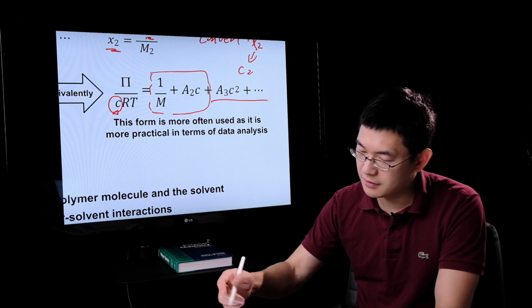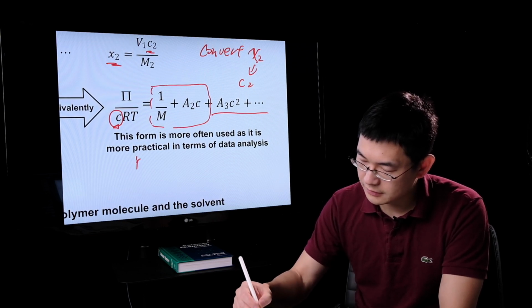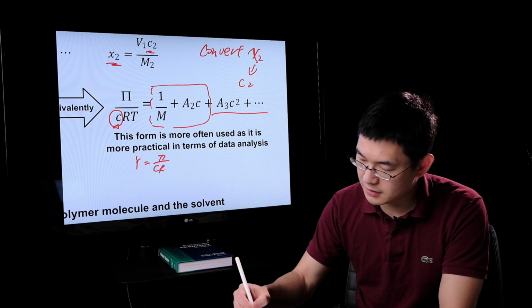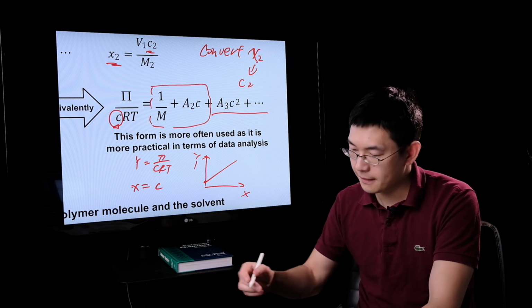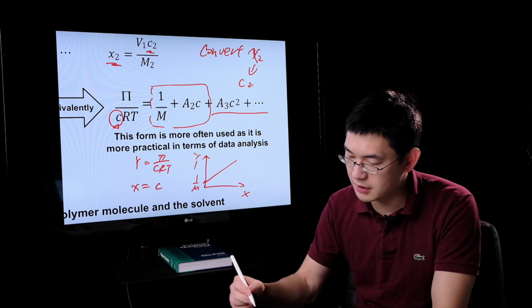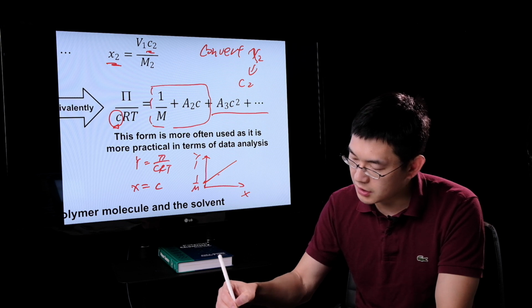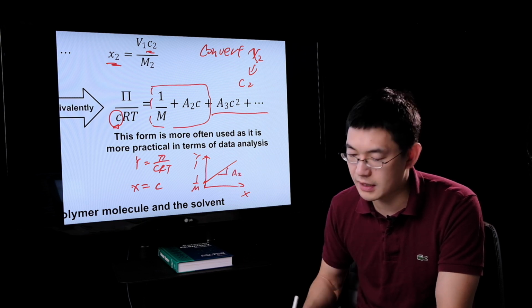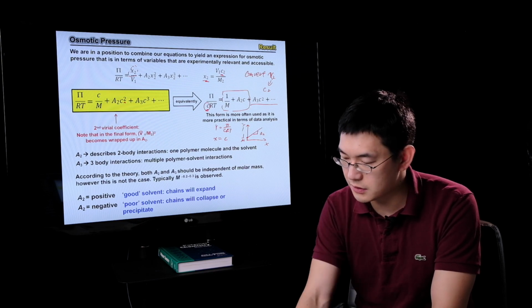So if you plot Y equals pi over CRT and X as the concentration, you get a linear plot that intercepts the y-axis, and this intercept is 1 divided by M, and using that you can calculate the molecular weight. You can also see the slope will be A2, and you can use this way to calculate A2.